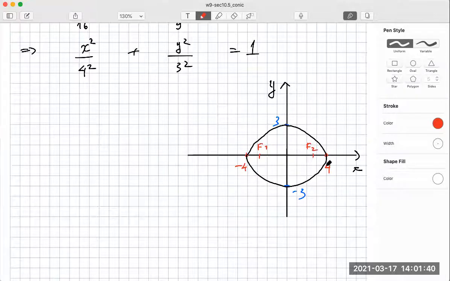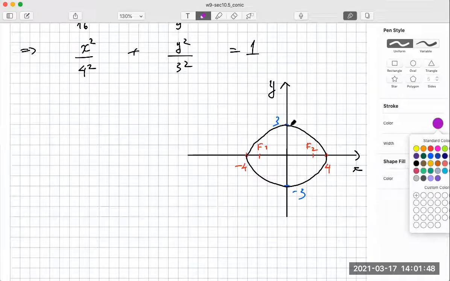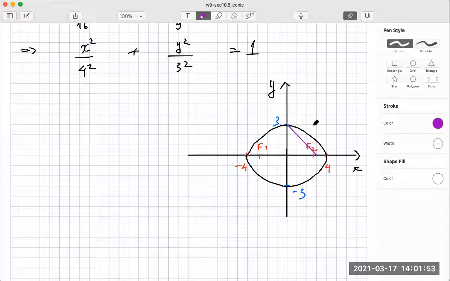Because here, the major axis is in the x direction. Let us take a look at this triangle, right? And remember, therefore, the major axis is in here.